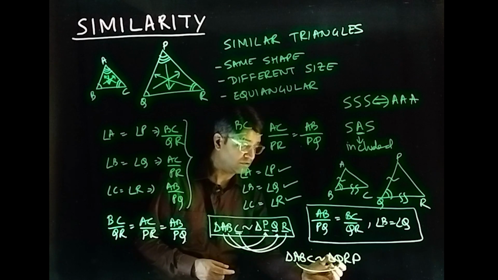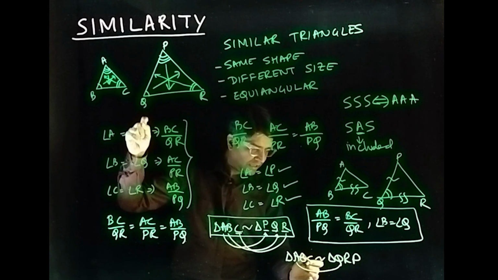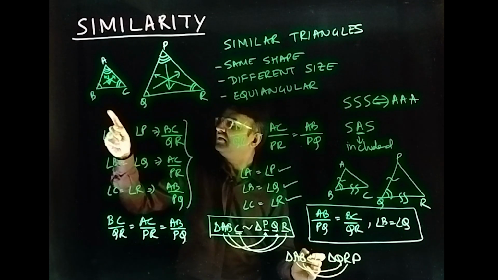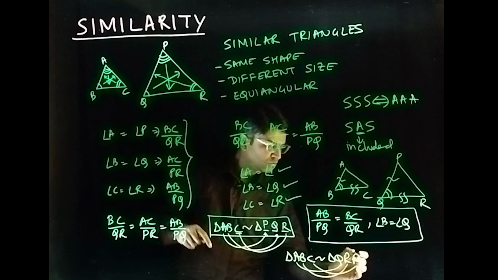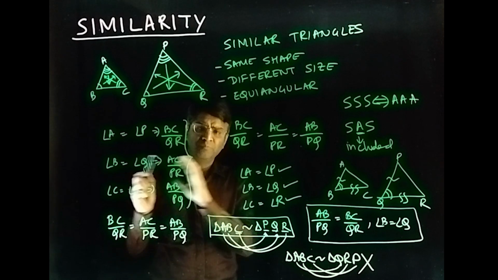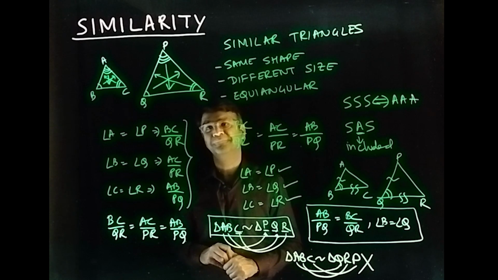Angle A equals angle Q. Is it correct? No. Angle B equals angle R. No. And C equals P. No. That's wrong. Got it? These are the two mistakes that you people make in the answer script.